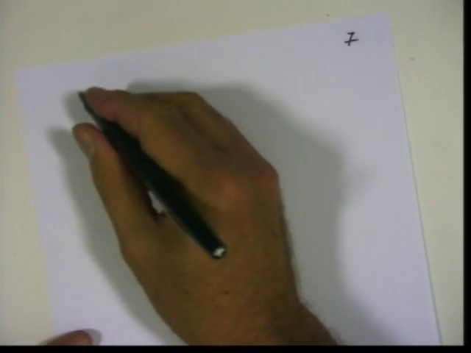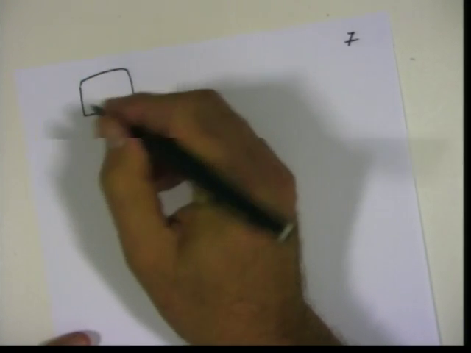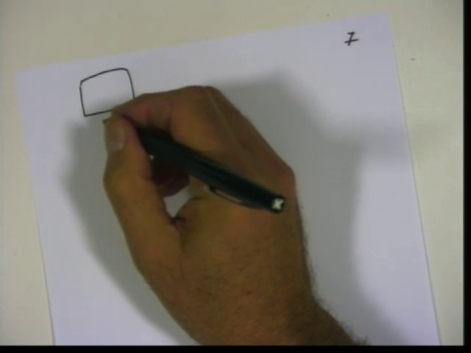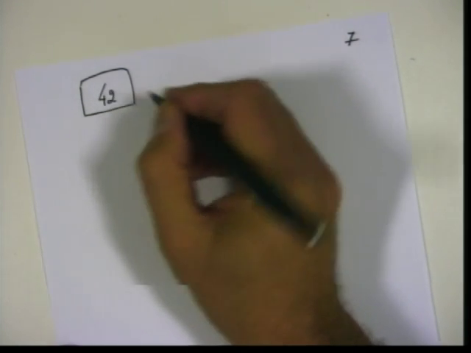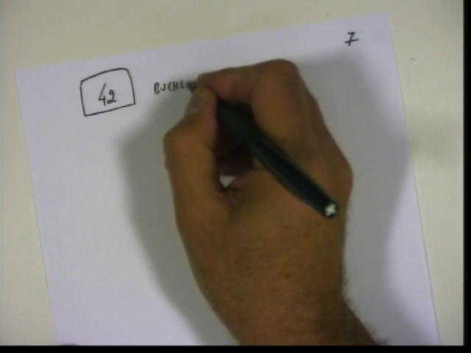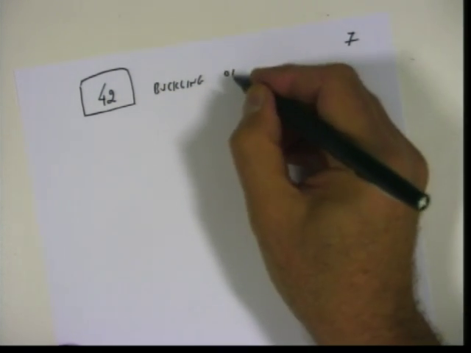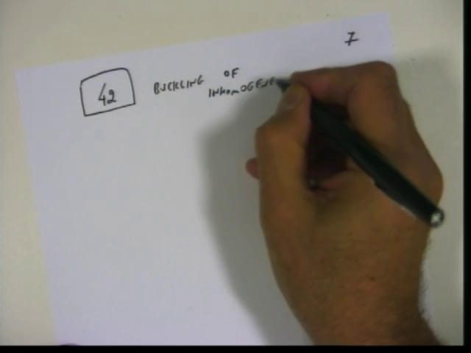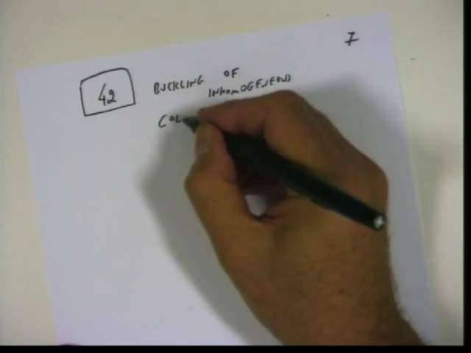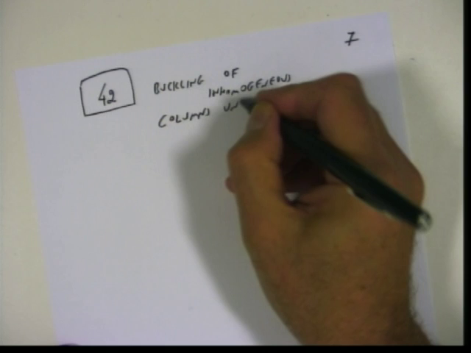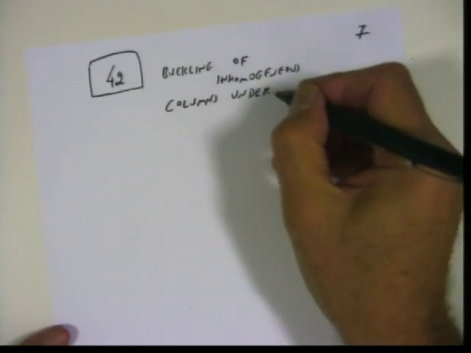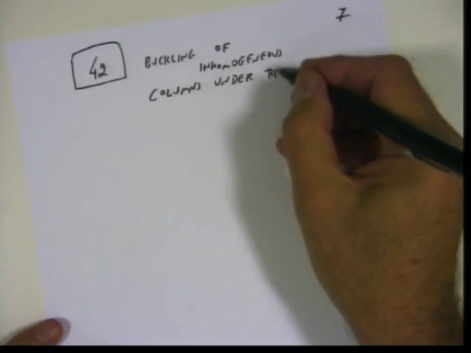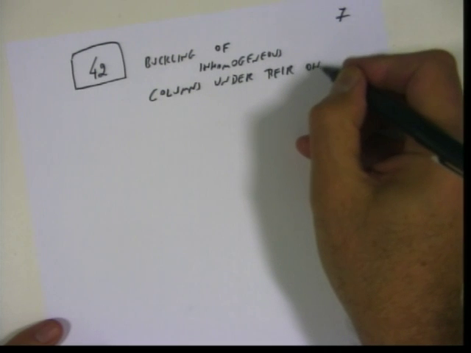What is our topic number? 42. Buckling of inhomogeneous columns under their own weight.